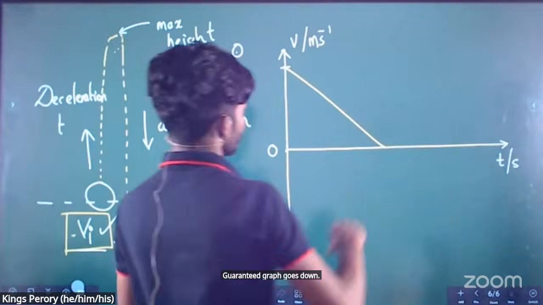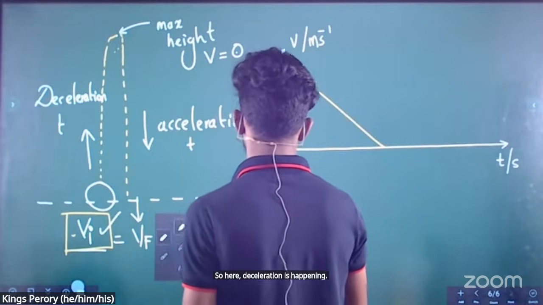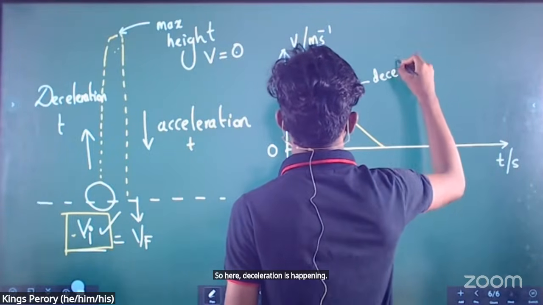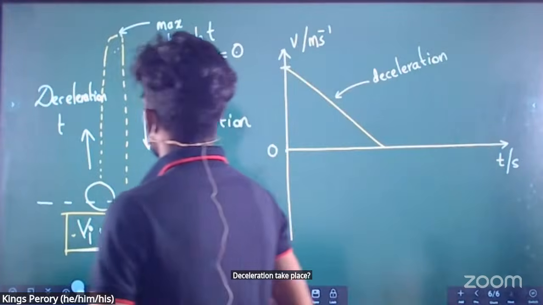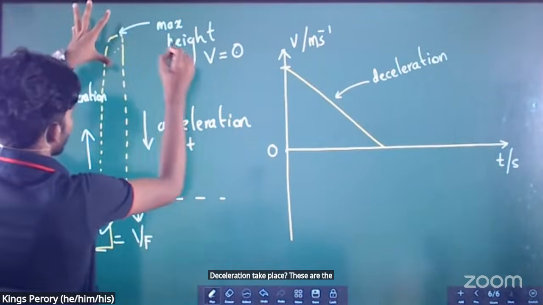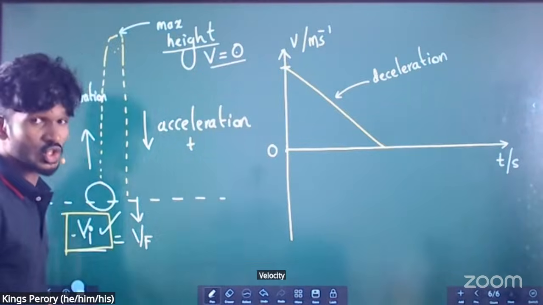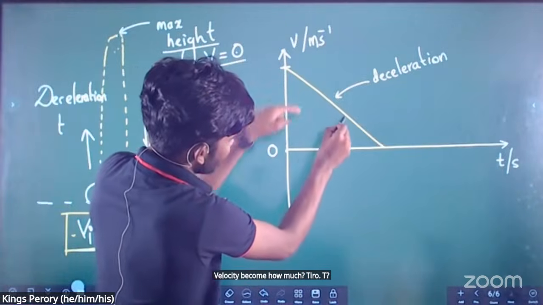So here, deceleration is happening. Decelerate, decelerate, decelerate. At the maximum height, velocity becomes how much? 0.